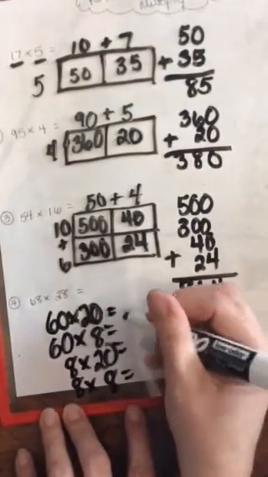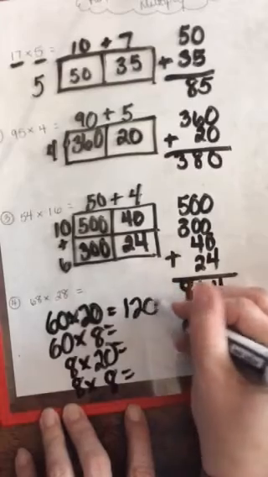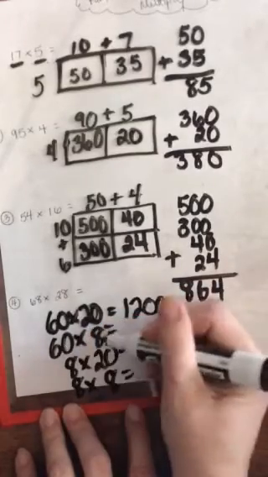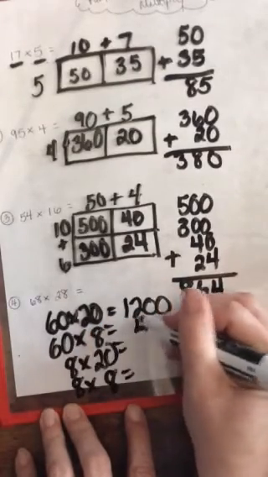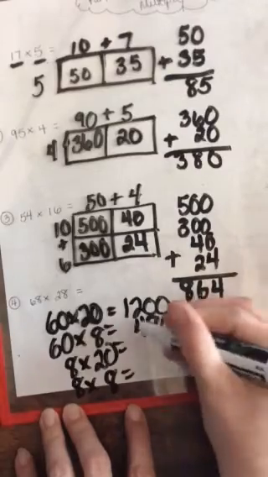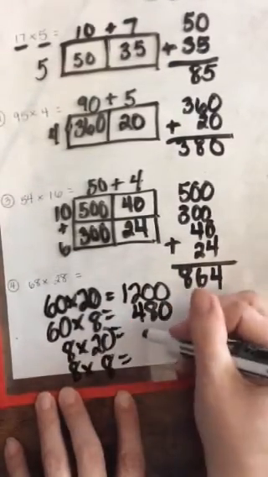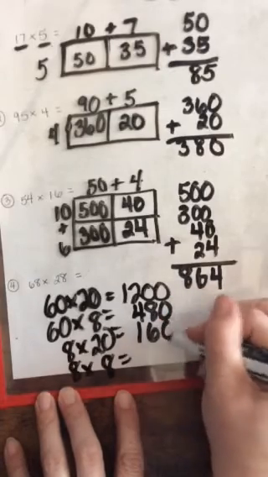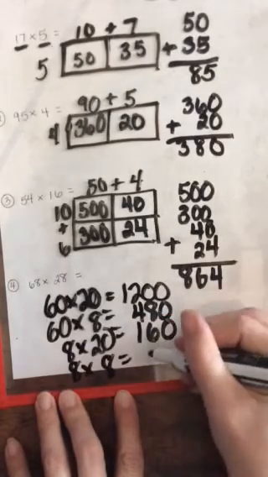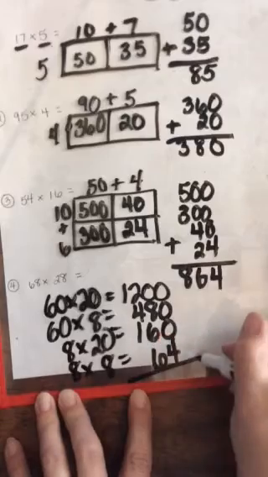So 60 times 20 gets me 12 with 2 zeros. 6 times 8 is 48 with a 0. I'm just going to go ahead and line up my place values as I go. 20 times 8 would be 16 with a 0. And 8 times 8 ends up being 64.